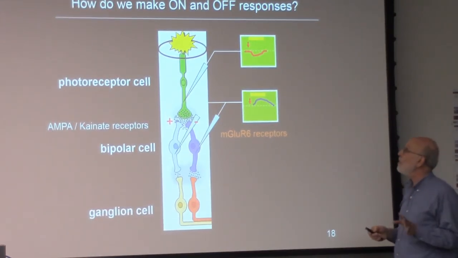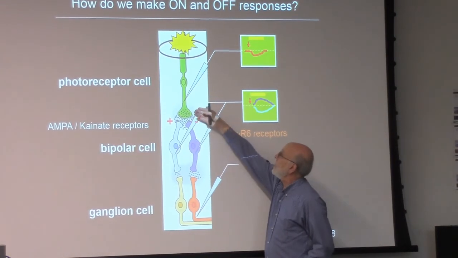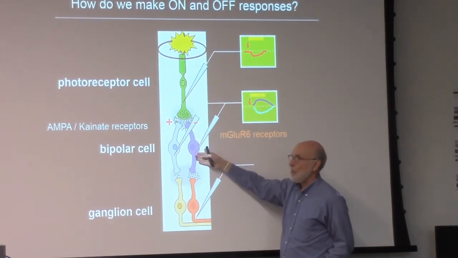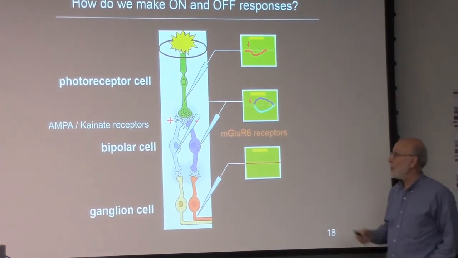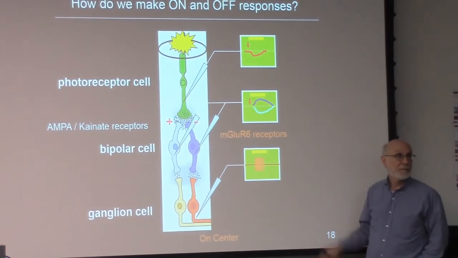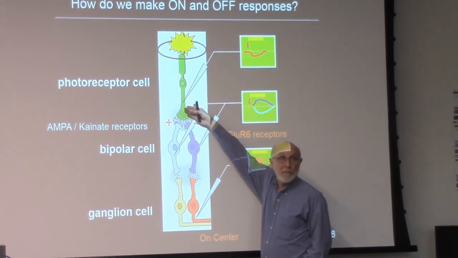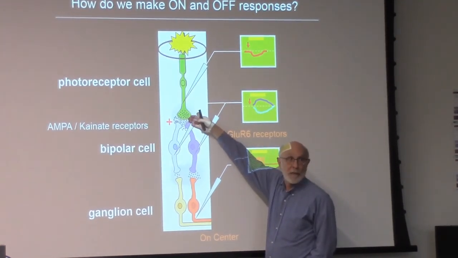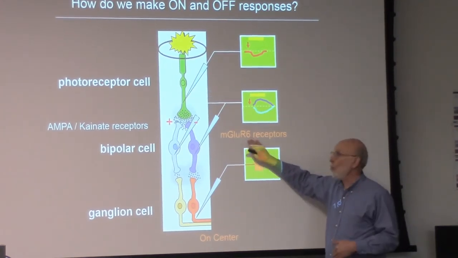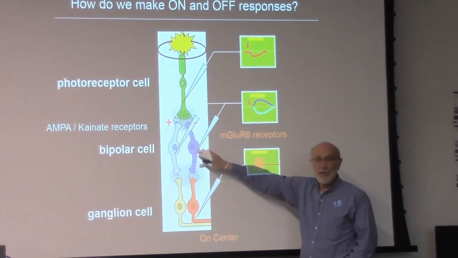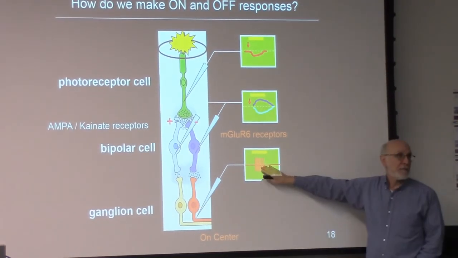So let's ignore the other one for a moment. Less inhibition is depolarization. More depolarization is more action potentials. In hyperpolarization, less glutamate release, less activation of inhibition. Less inhibition is depolarization. Depolarization, more glutamate release, more depolarization, more action potentials.